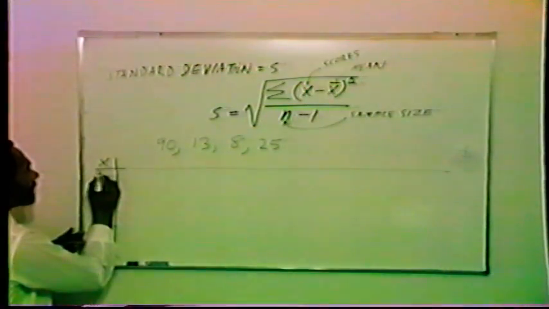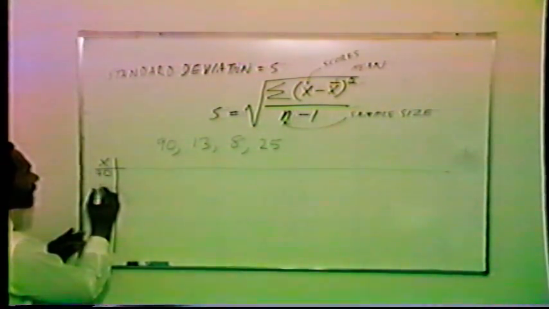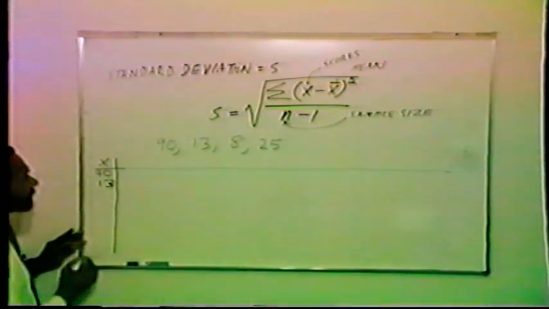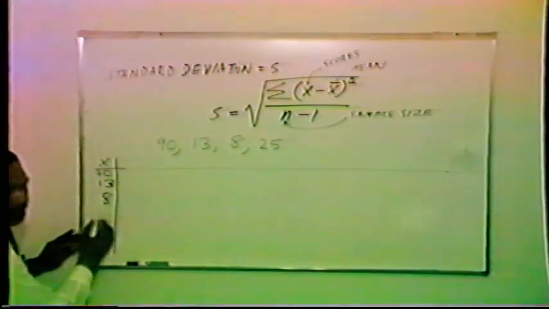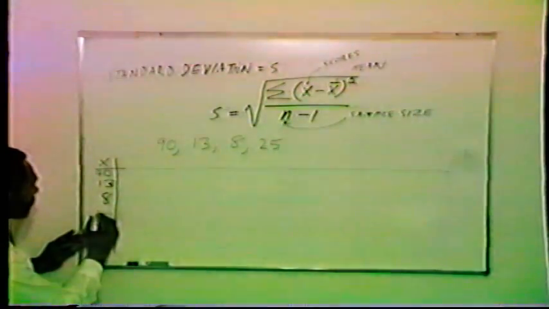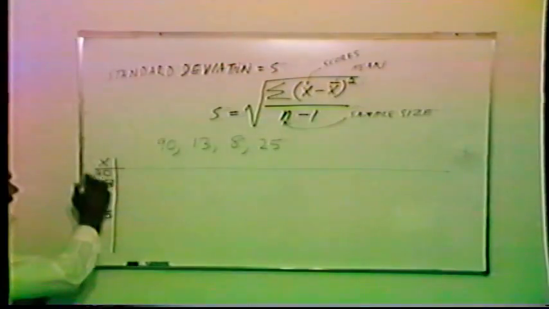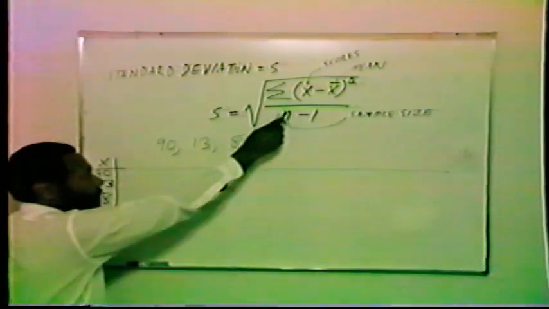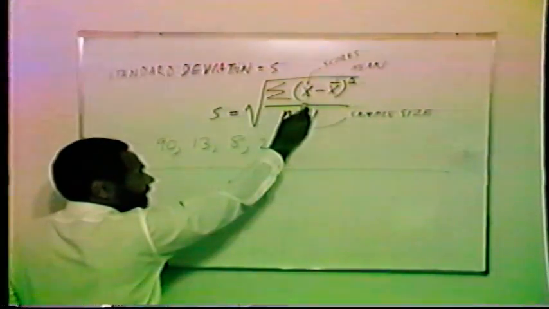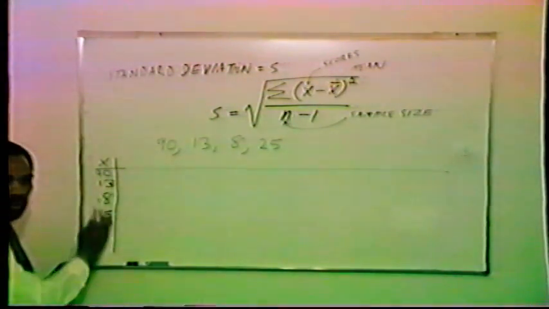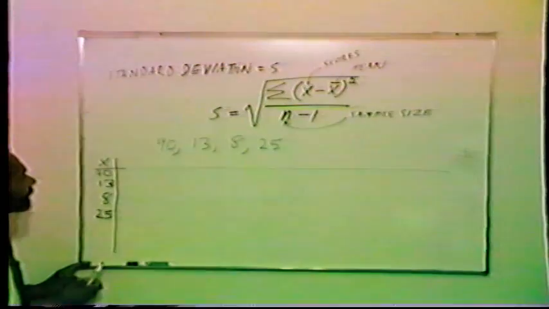First score is 90. Second score is 13. The next score is 8. And the next score is 25. You list all your scores, and you let x represent the different scores. This is x in the formula. X represents all the different scores that you have. So if you have more scores, of course you will list those also.